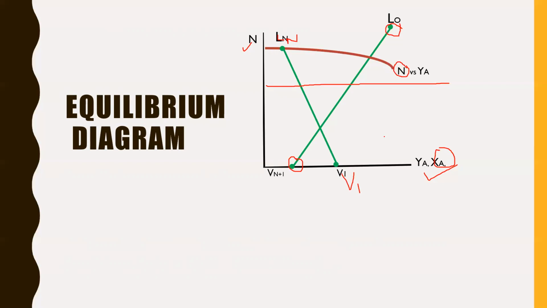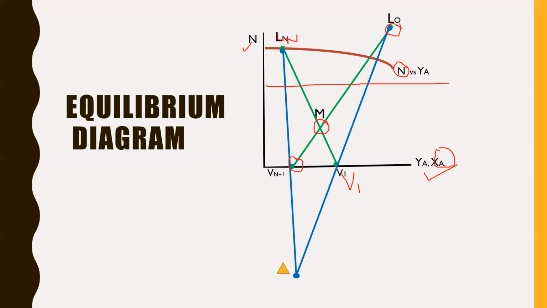And next is the intersect here representing M. And you need one more line connecting L node to V1. Just make a line going straight.